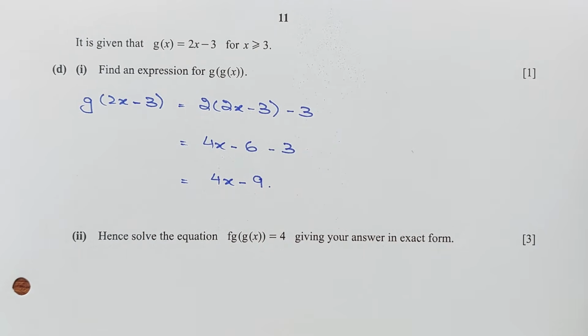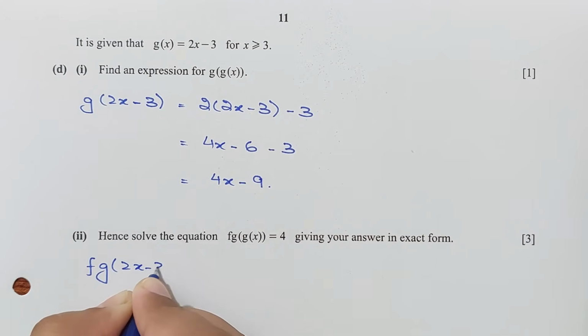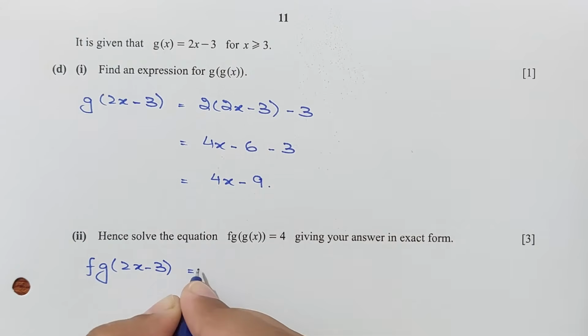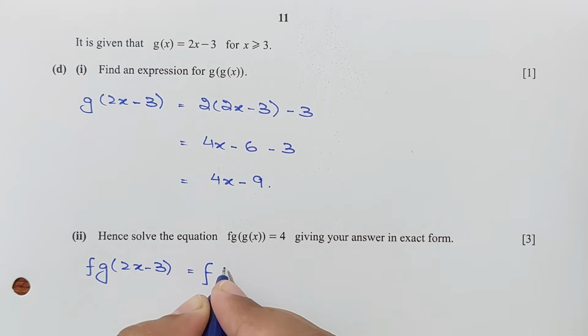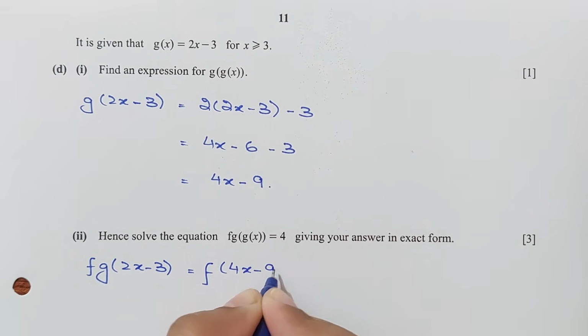Now for the second part, hence solve the equation f of gg of x equals 4, giving your answer in exact form, right? So f of gg of x, which is f of g of 2x minus 3, equals f of 4x minus 9, right?